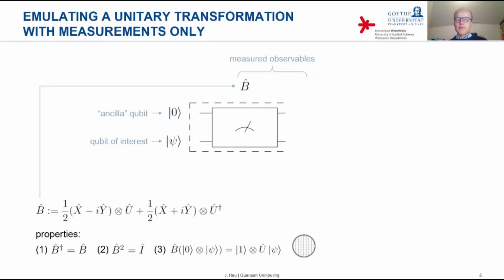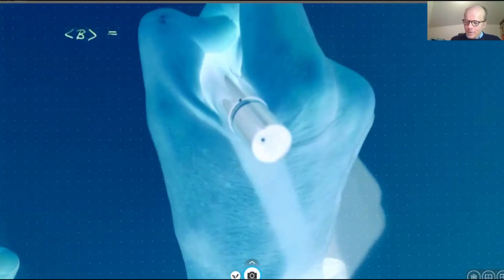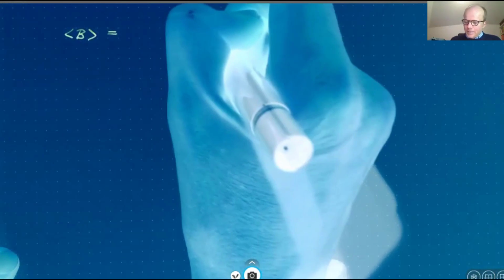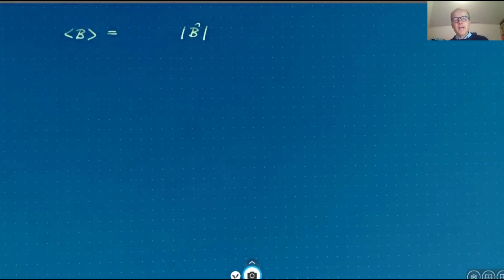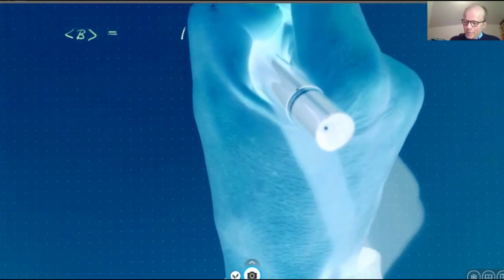And we may wonder, what is the expectation value of B in that state? That is the observable B sandwiched between the state in which we perform the measurement and the state in which we perform the measurement.